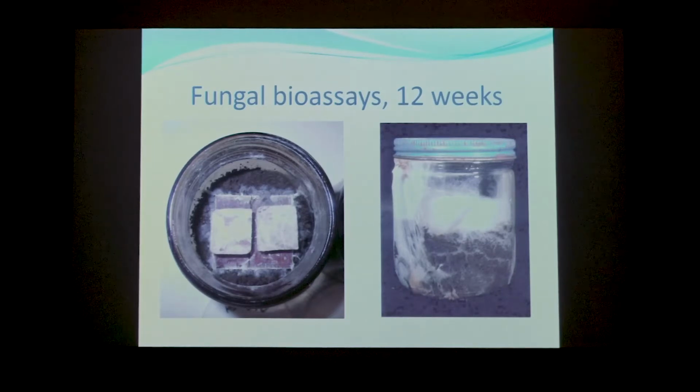For determining natural durability, you could do fungal lab trials, and that's an example of one of the trials. They can be done in shorter time, or there are a lot of variations that could be done there.